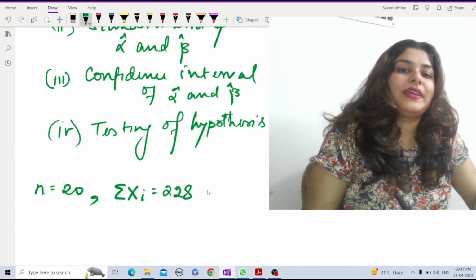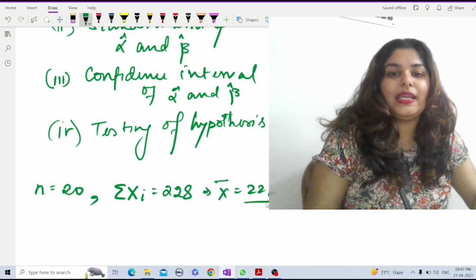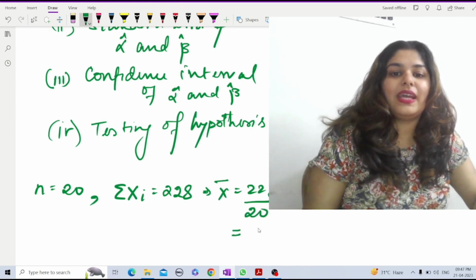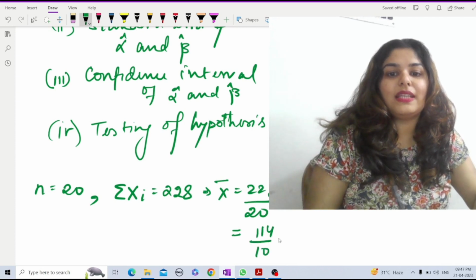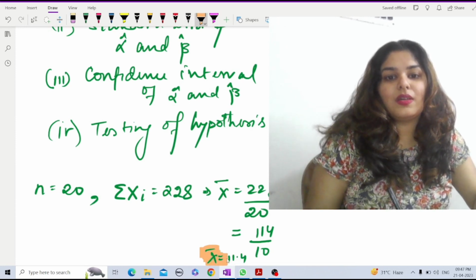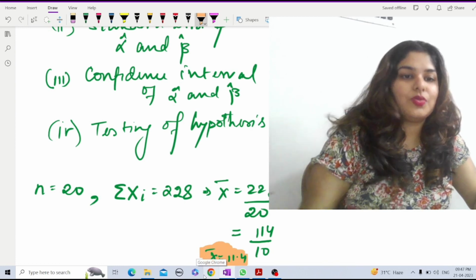From these two, we can quickly find out x bar, that is 228 by 20. If we simplify, we get 114 by 10. So x bar is equal to 11.4. Let us keep it highlighted so that when we require it, we can easily use it, right?